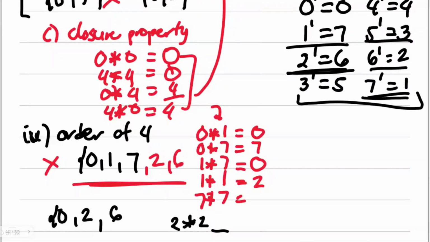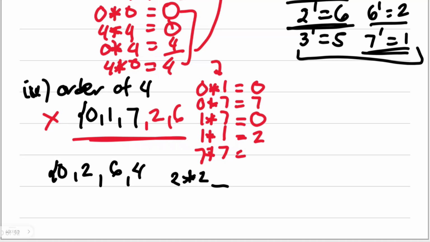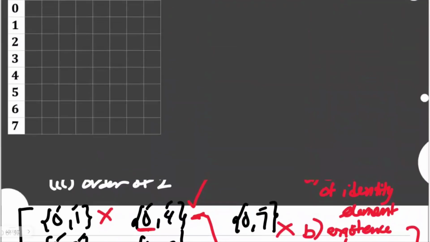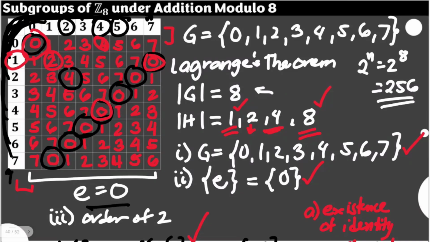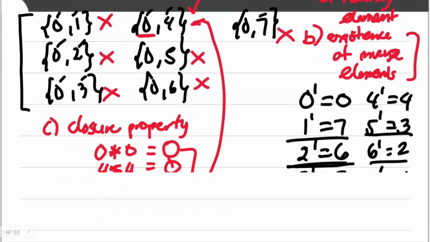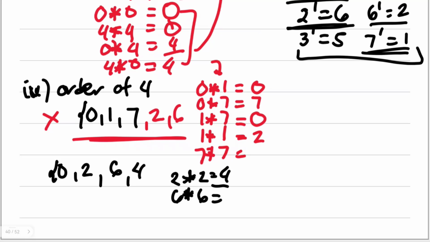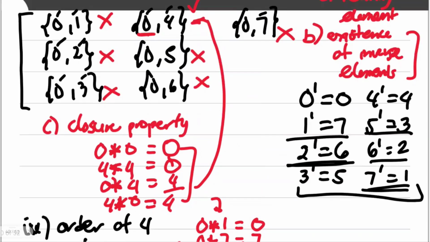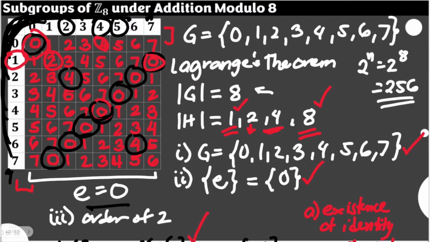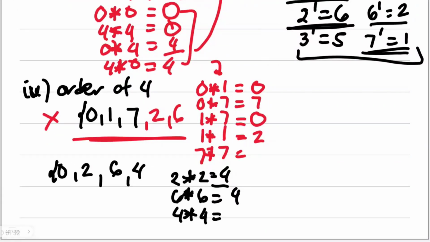So we add here 4, so that it will be closed. Now how about 6 star 6? 6 star 6 is actually 4 as well. So more or less we're going there. How about 4 star 4, the newly added element? 4 star 4 is actually 0.